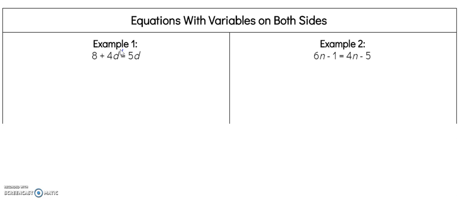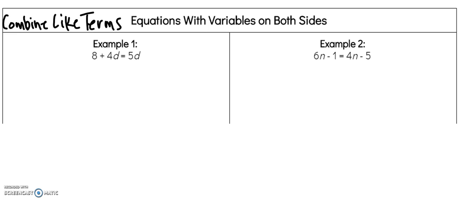So if I have an equation with one or more variables on each side, what I need to do is something called combine like terms. And combining like terms means that you want to make sure you combine terms that can go together.